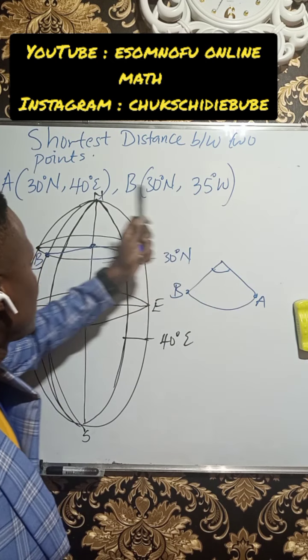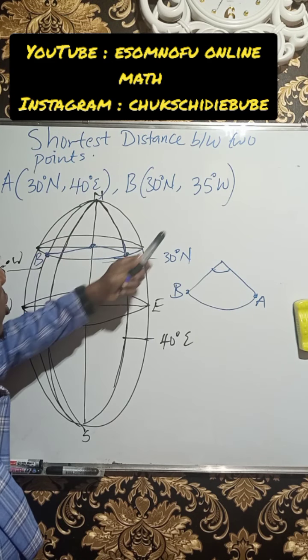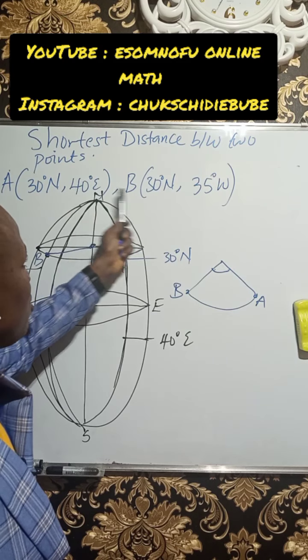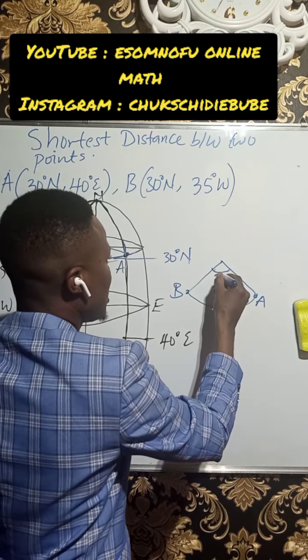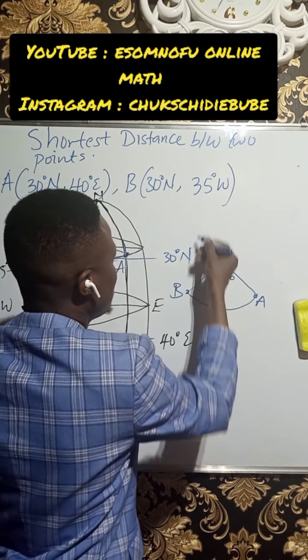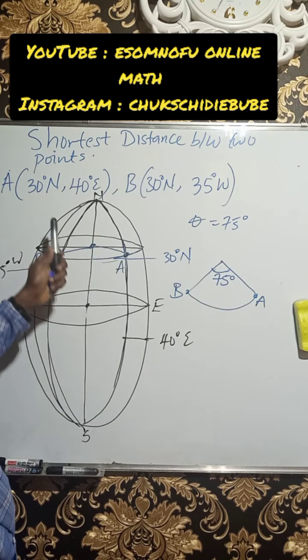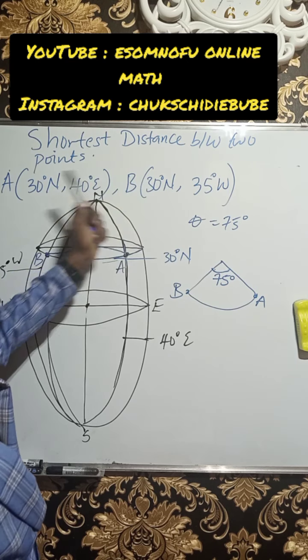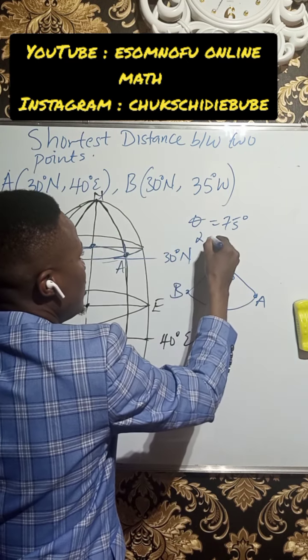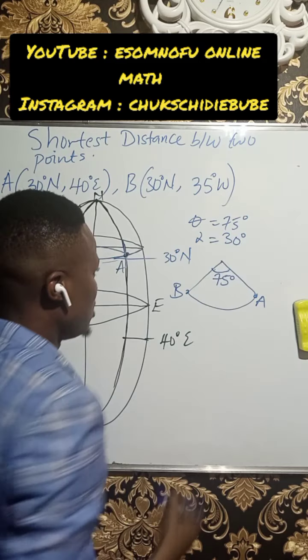This is 35 west and this is 40 east. So the theta we are looking for will be 40 degrees plus 35 degrees, which is 75 degrees. So our theta is 75 degrees. Then our alpha is the common latitude, so alpha is 30 degrees.